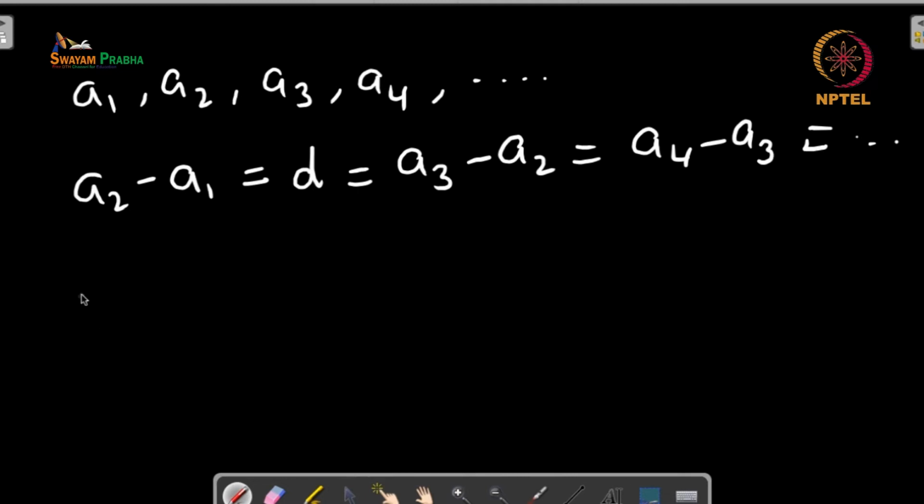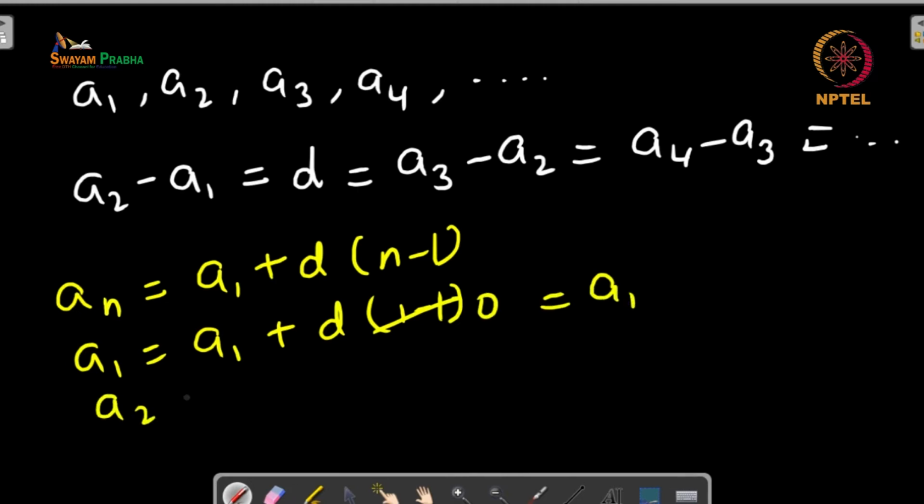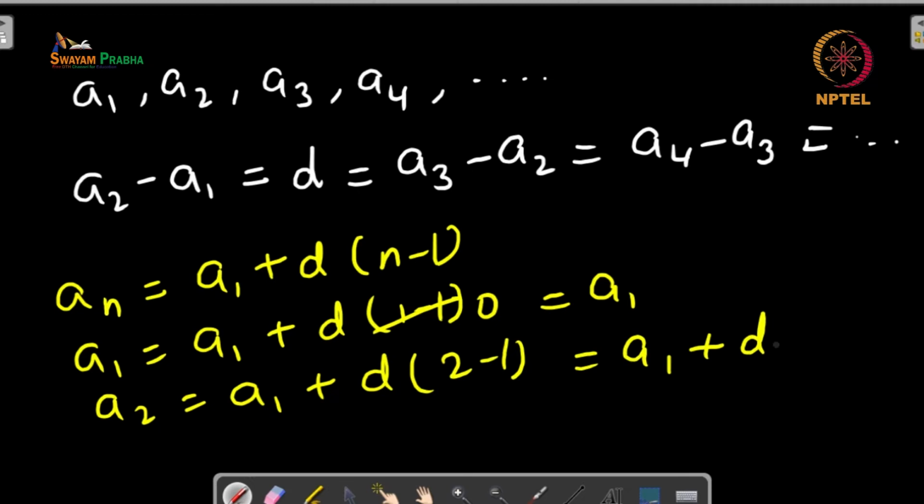In such a case, we can write An is equal to A1 plus D into n minus 1. So let us now put some values. A1 is equal to A1 plus D into 1 minus 1. This becomes 0. So this is equal to A1. A2 is equal to A1 plus D into 2 minus 1, which is A1 plus D.